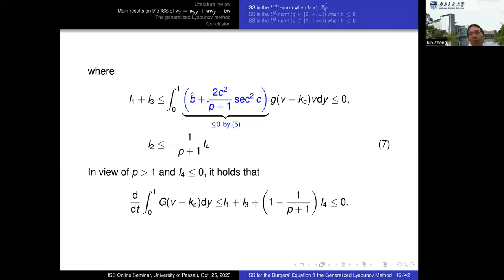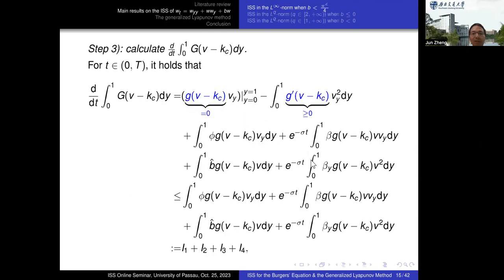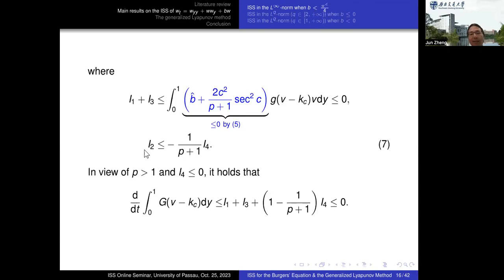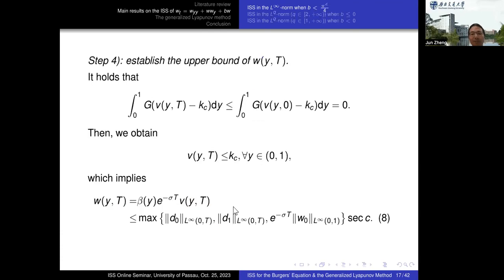Here we only used integrating by parts and some properties of G. For the second and the fourth term, we can estimate that the second term can be controlled by using the first term. Then, combining these estimates, we can arrive at this differential inequality. That is to say, this functional is decreasing with respect to t. So we obtained this estimate.